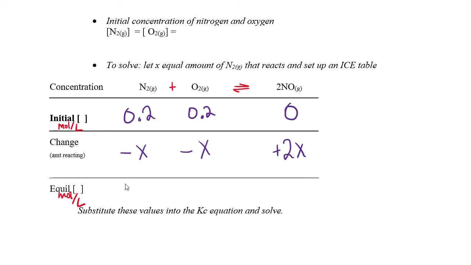So then my equilibrium concentrations for my nitrogen and my oxygen will be 0.2 minus x and 0.2 minus x, and my NO will be 2x. So now we can substitute these values into the Kc equation and we can solve for x.